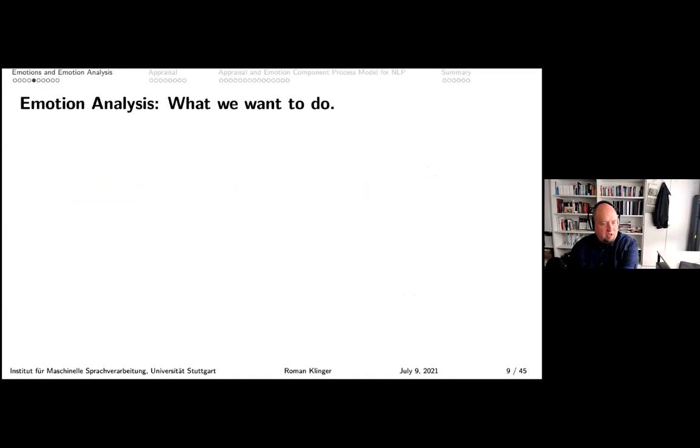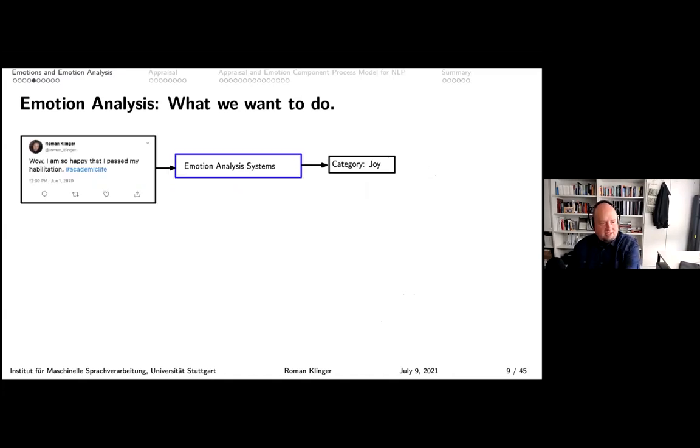So what we want to do in emotion analysis is that we take some text, here I exemplify this with a tweet. We want to put this into an emotion analysis system, perhaps a classification system, and we would like to output some categorical emotion. This is interesting from a set of different perspectives.